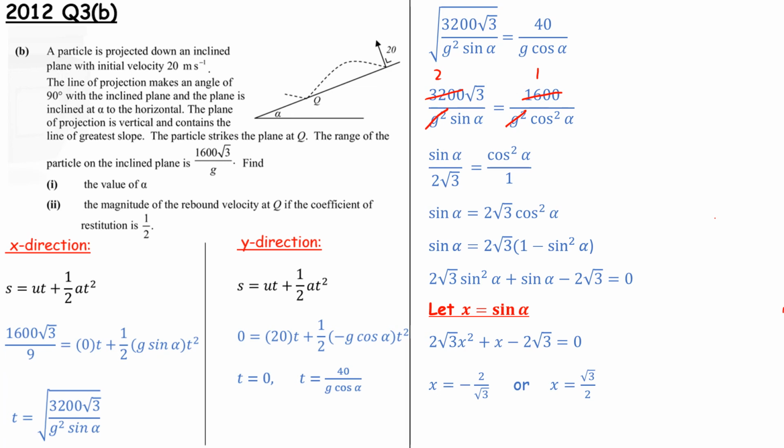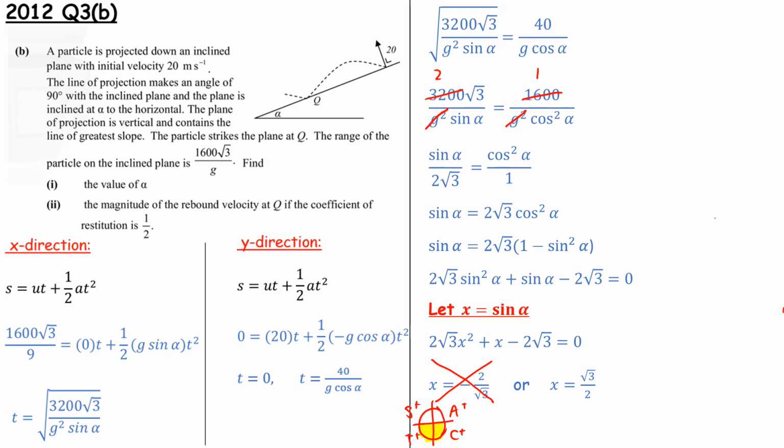Now, of the 2 values of x, I'm discounting this one straight away because it's negative. And if you think about where sine is negative, think about your unit circle here. So there's my unit circle, C, A, S, T. The 2 places where these could be valid are down here.